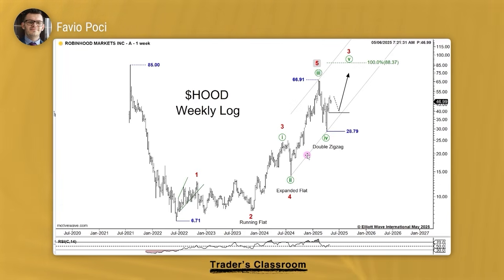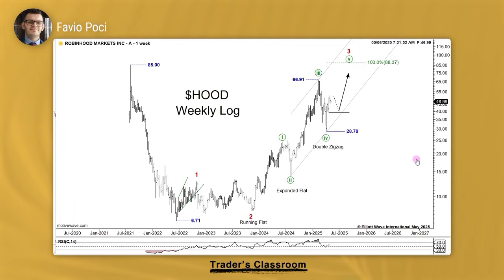I don't like this count for the main reason that if this is wave 4, then it's quite small and it does not alternate with the correction in wave 2. So we've got two flats, wave 4 smaller than wave 2. That's why I'm not considering this as a primary count.